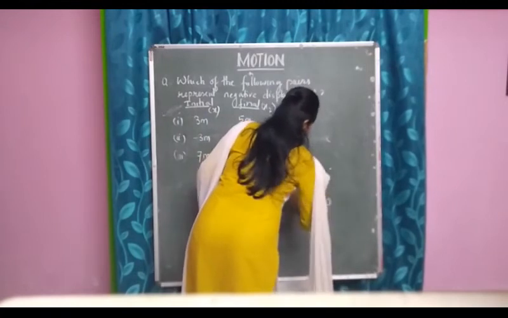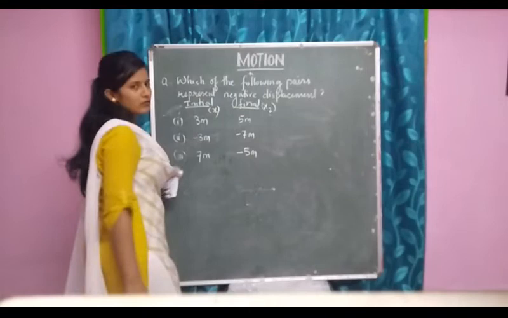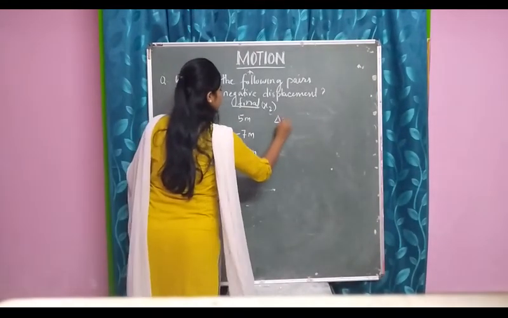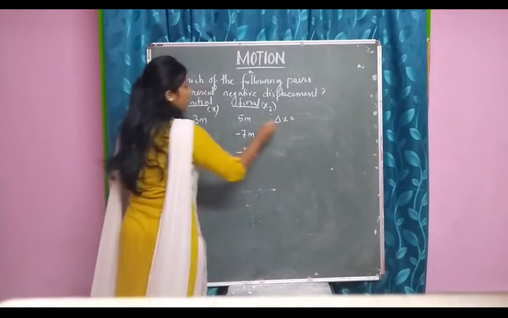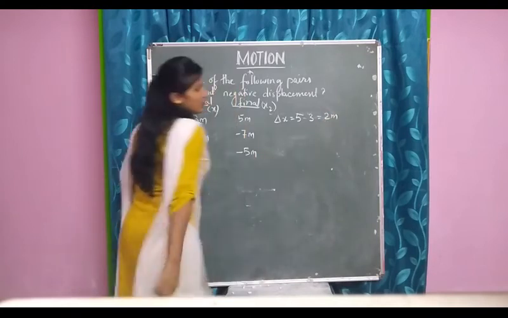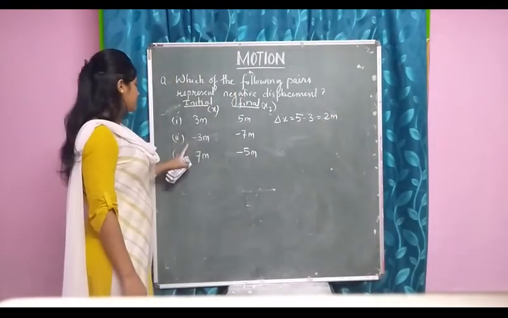If we get a negative sign, then we will say it is negative displacement. Here if you calculate del x, it is coming 5 minus 3, which is 2 meter. That means it is showing a positive displacement.